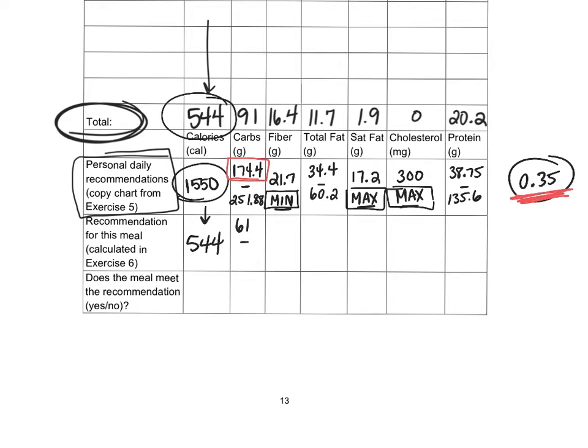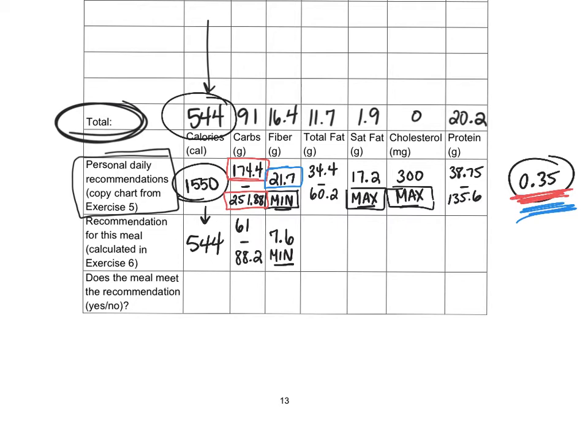Then I do the same thing with my maximum carbohydrates. So that was my minimum carbohydrates, then my maximum times 0.35, and I get 88.2, okay? Next, I'm going to take my fiber, the 21.7 grams, multiply it by the 0.35, and that's going to give me my 7.6 grams minimum I should have eaten in this meal of fiber.